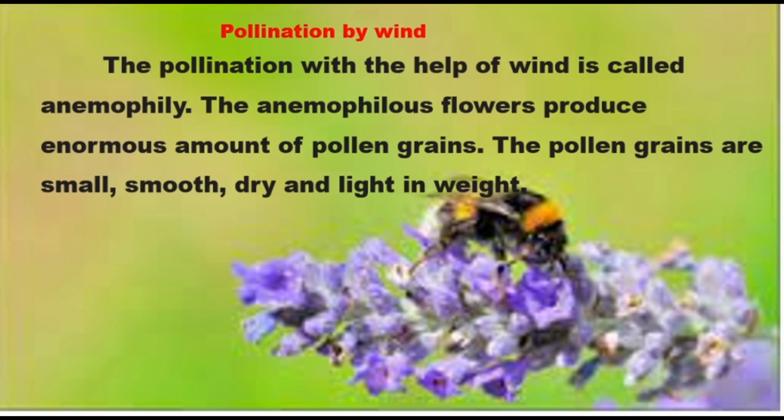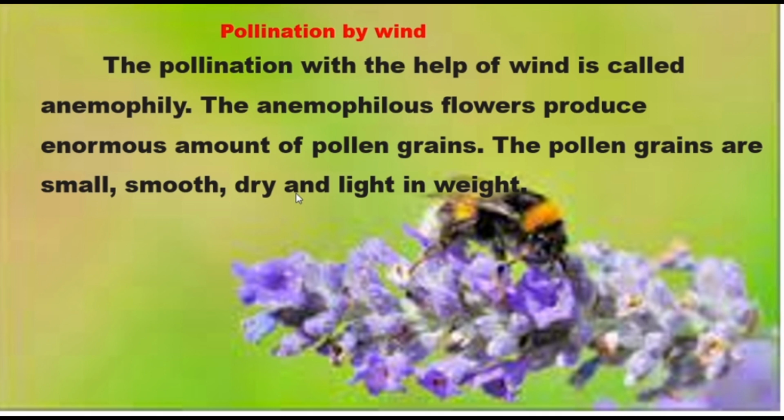So these are the characters of the pollen grains of anemophilous flowers. If the pollen grains have to be carried by the wind, the pollen grain should be small in size, smooth, dry and light in weight.